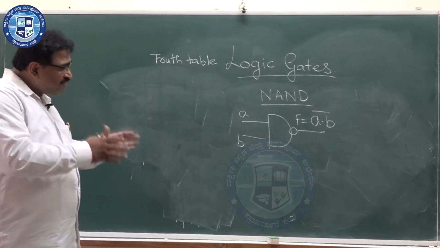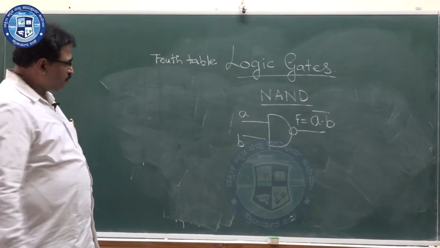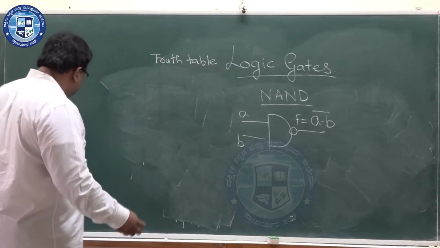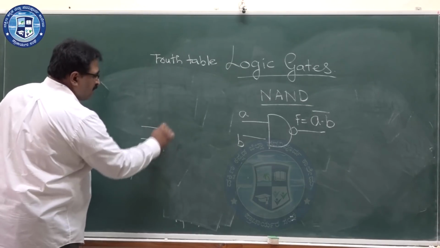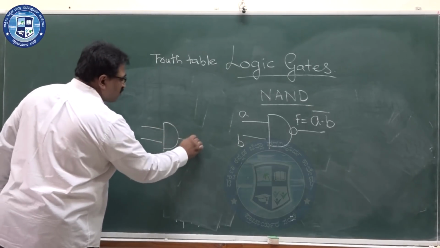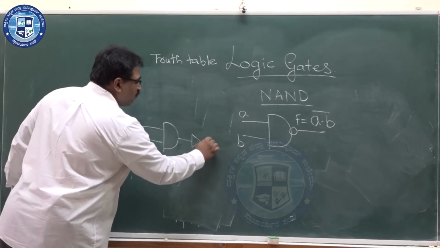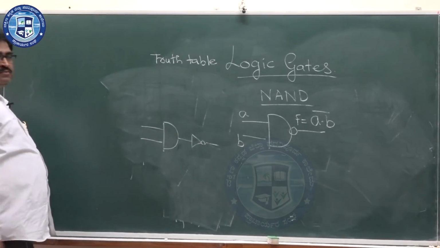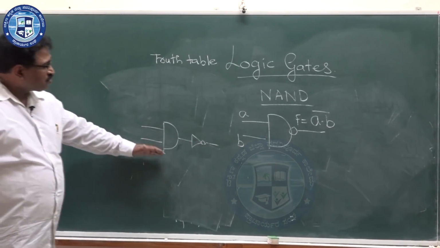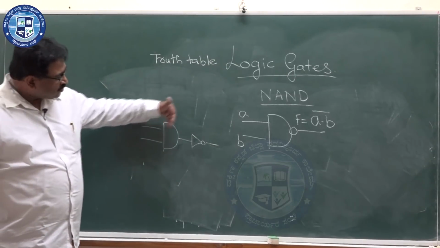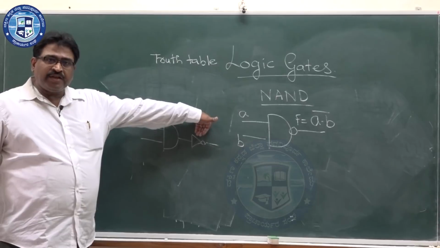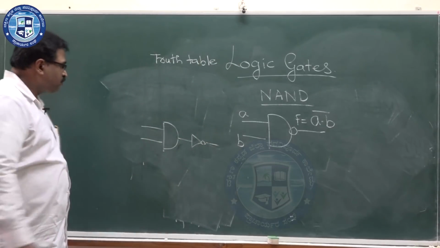Now I'll simplify this symbol further. If I simplify this symbol further, it should be this way: an AND gate which is connected to an inverter. So the output of the AND gate is given to the other gate, that is a NOT gate.